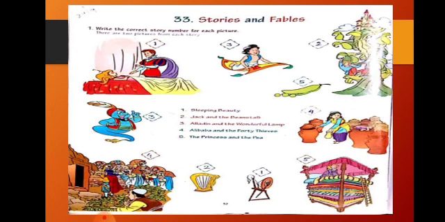There a thief is there with his 40 thieves, and the thieves are standing in front of a door. They will chant something magical. It is a magical door, and after chanting some mantras all the thieves will get inside the cave. So this picture relates to Ali Baba and 40 Thieves.